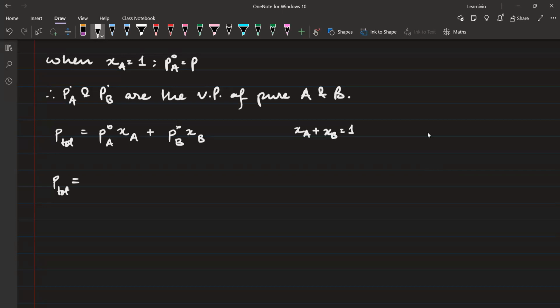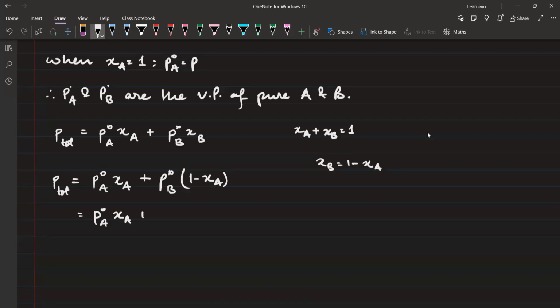Please hear this. Instead of writing chi B, I will write 1 minus chi A, because chi B will be equal to 1 minus chi A. So P total will be equal to P naught A chi A plus P naught B into 1 minus chi A. This will be equal to P naught A chi A plus P naught B minus P naught B into chi A. I will take this P naught B into chi A and put it here.